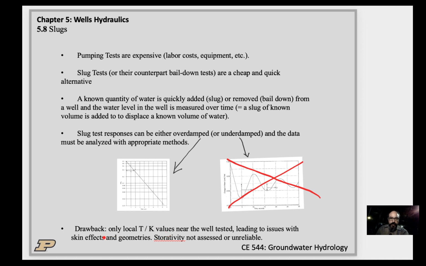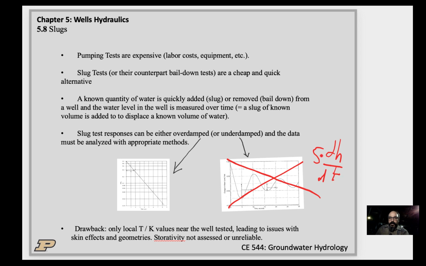So there's plenty of issues of skin effects and geometries that I'll talk about later. The storativity is also something that is usually not accessible with those tests. So remember the storativity we get from the dynamic part, right? The S, if you remember the dH/dt in those general equations, linearized Boussinesq stuff from our chapter 4.